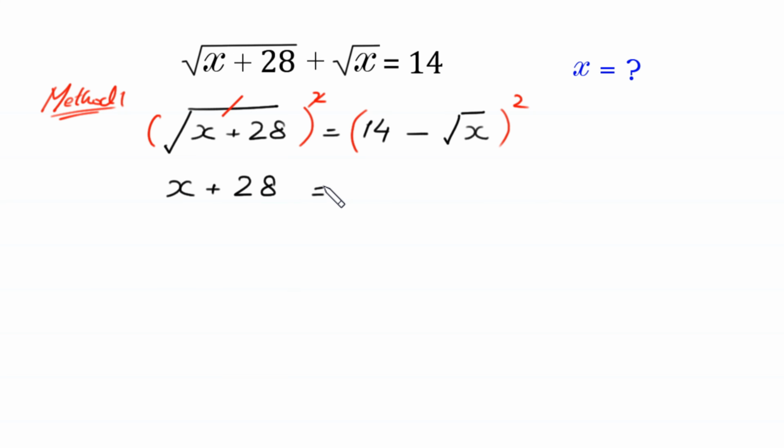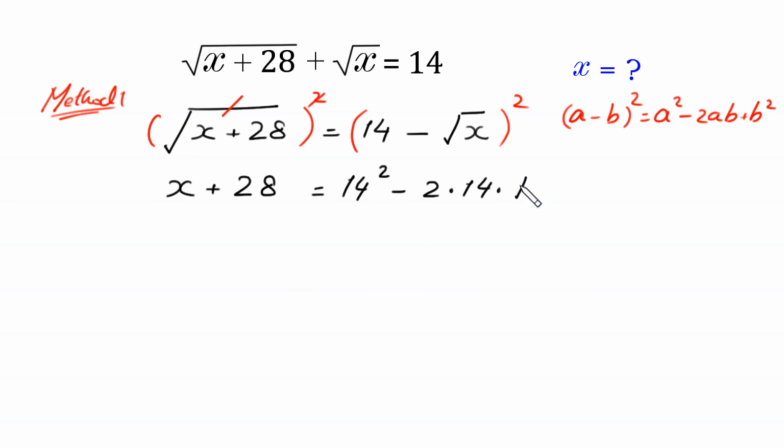equal to, by using this algebraic identity, a minus b whole squared is equal to a squared minus 2ab plus b squared. This 14 minus square root of x whole squared becomes 14 squared minus 2 times 14 times square root of x plus square root of x squared.